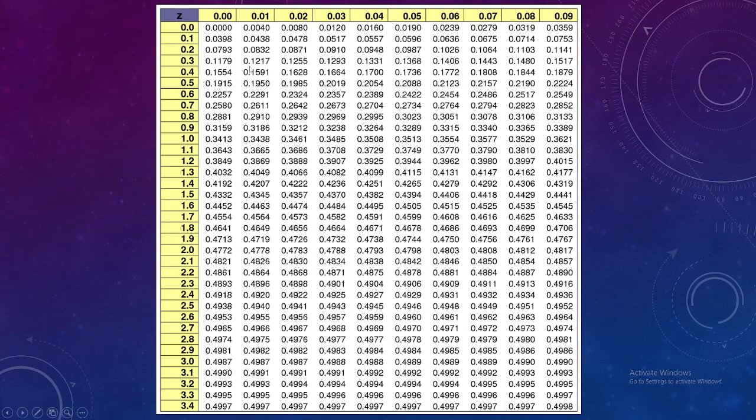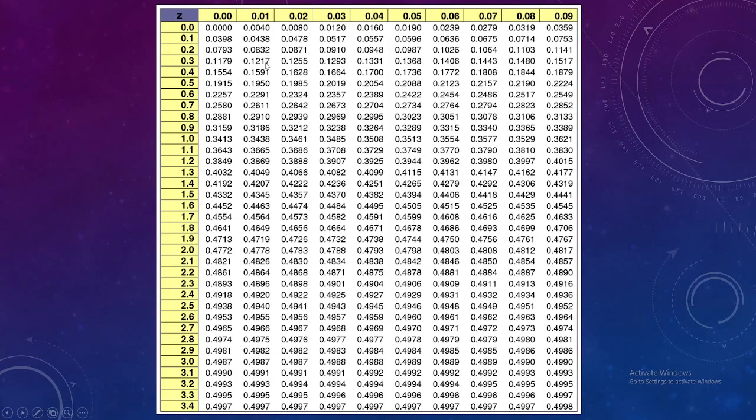If I subtract 0.12 from 0.1179, which is this value over here, the result is 0.0021. If I subtract 0.12 from the other value over here, the result is 0.0017. So this is closer.